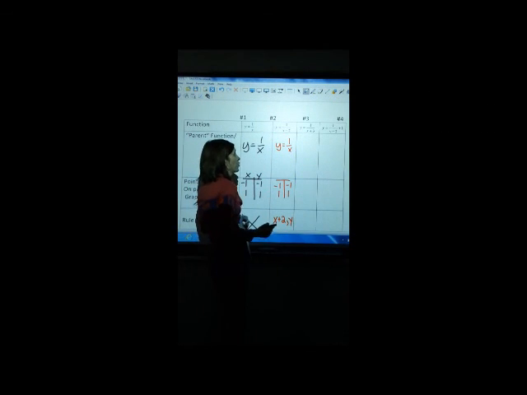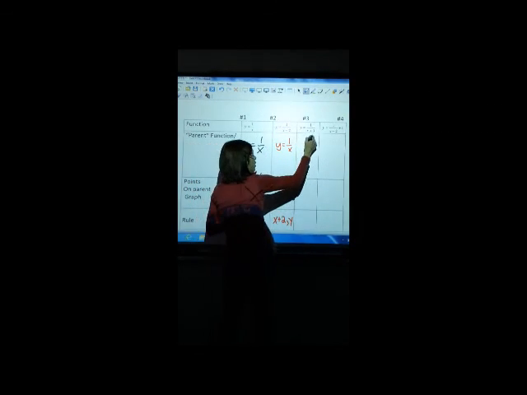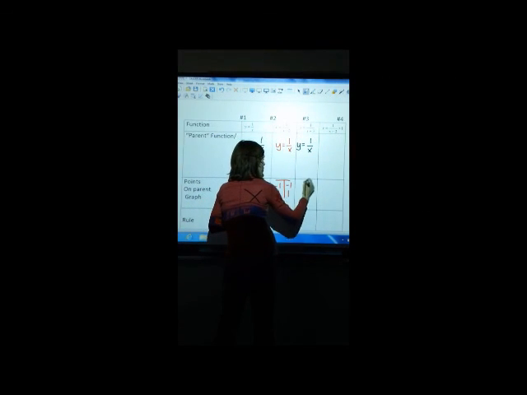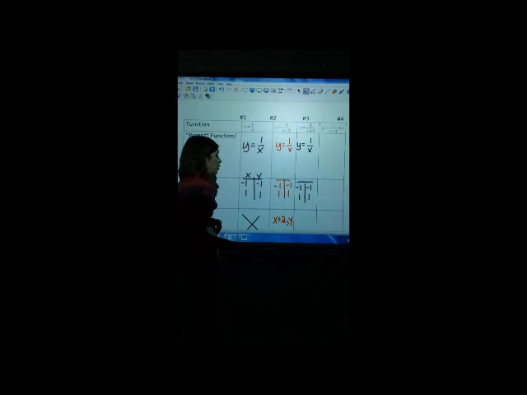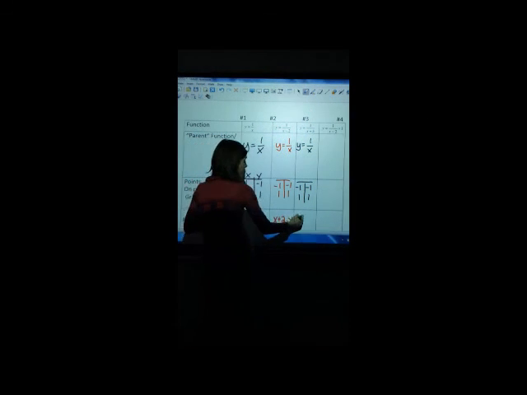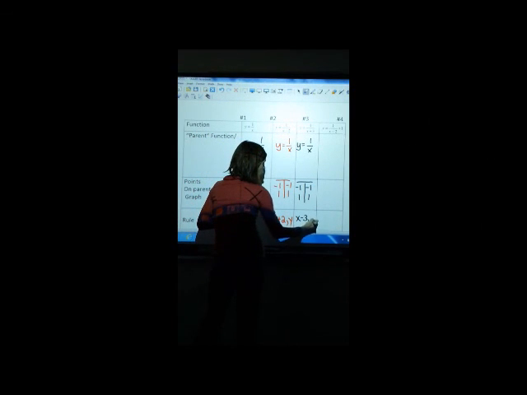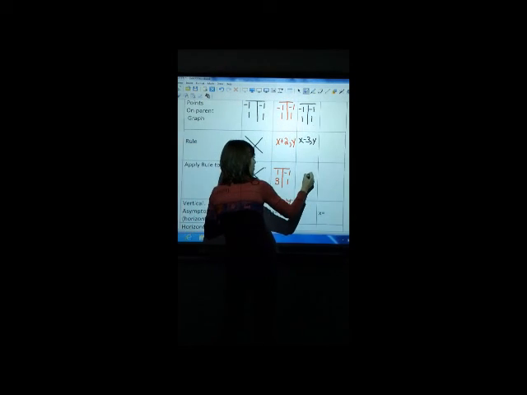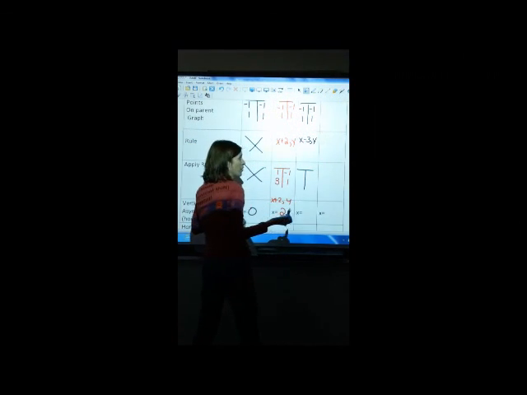y equals 1 over x plus 3. Our parent is y equals 1 over x. We've got our points, negative 1, negative 1 and 1, 1. Our rule would be x minus 3, y. We apply our rule to our points, so we're going to subtract 3 from all of our x's.